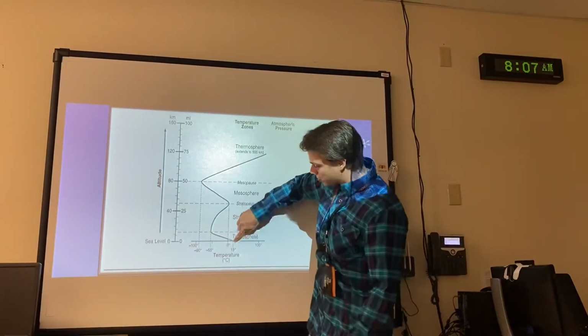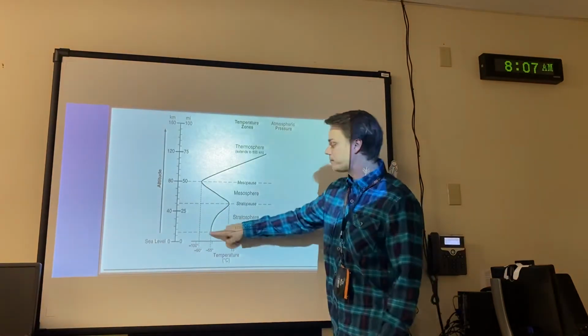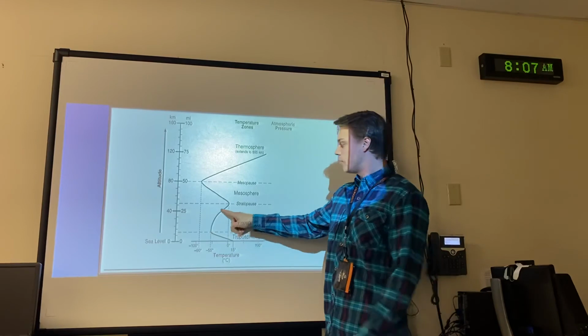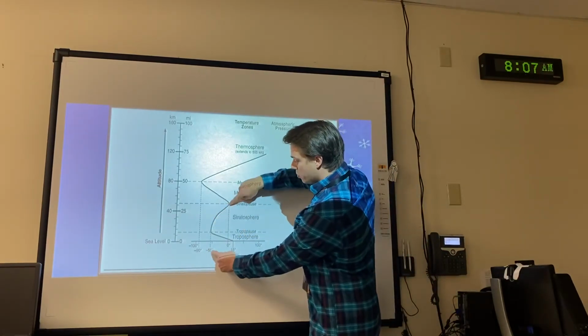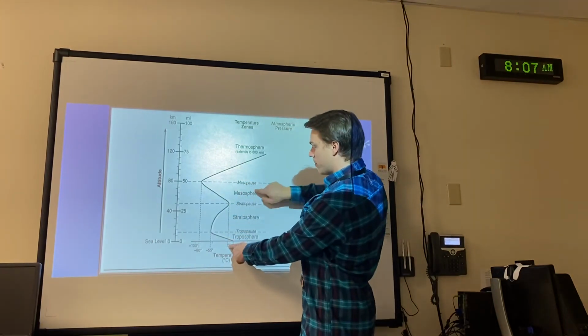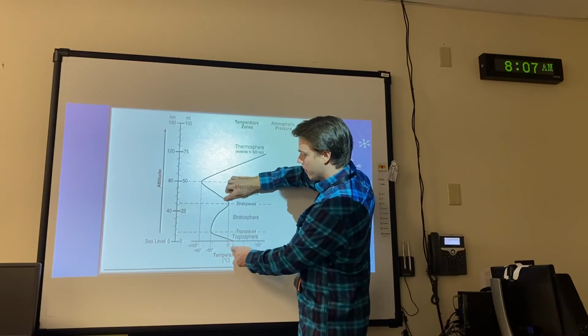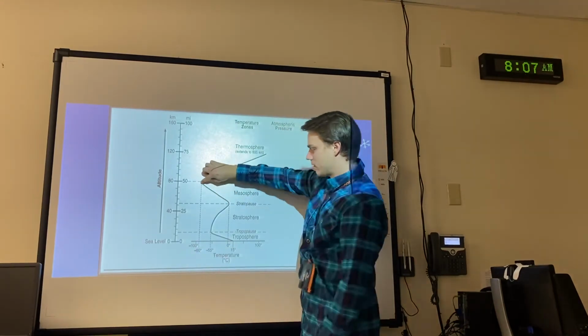So the temperature decreases as we go through the troposphere, and then as we enter the stratosphere, the temperature begins to increase, meaning that it goes from negative 55 at the bottom of the stratosphere to about 0 degrees Celsius. And then as we enter the mesosphere, it gets really, really cold. It goes from 0 degrees Celsius to negative 90 in the mesosphere.